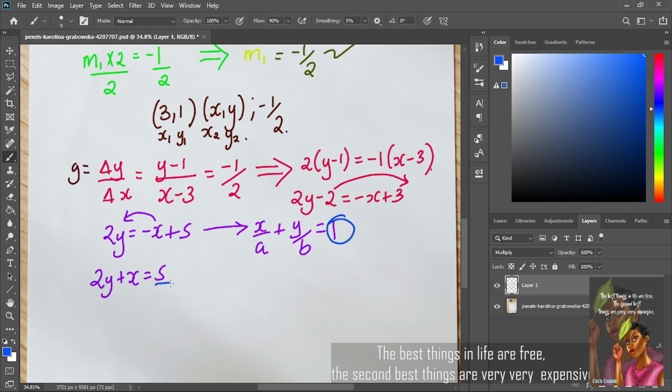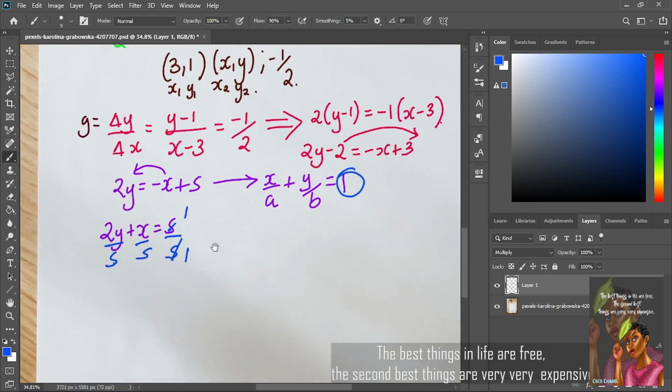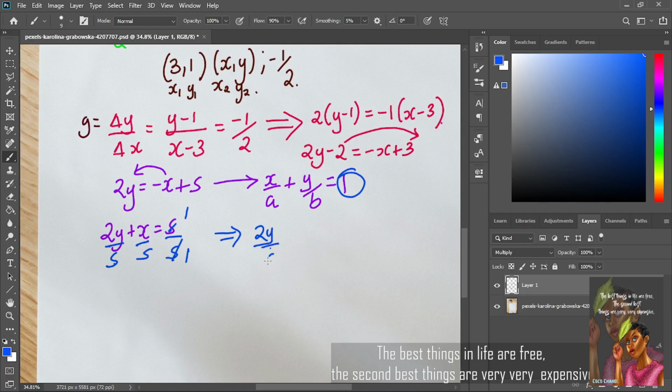So if it is 5, I'll divide everything by 5, so that now we have 2y/5 + x/5 = 1.